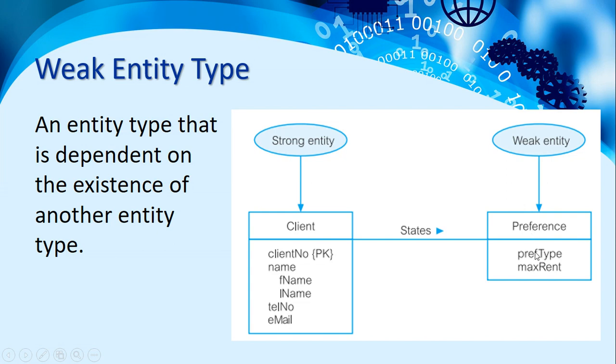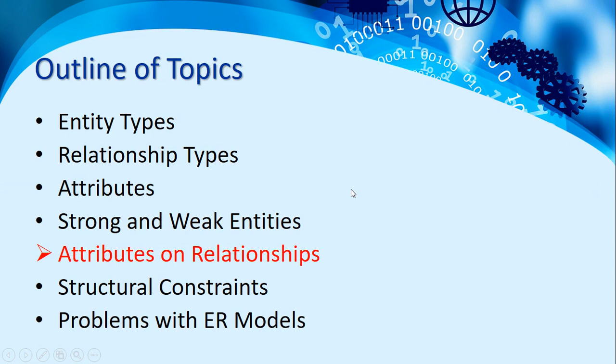So ito yung attributes niya, and as you notice, wala siyang primary key, and yung existence niya, it depends on this client na entity. So therefore, this preference entity type is a weak entity. Okay, so yun lang for strong and weak entities.